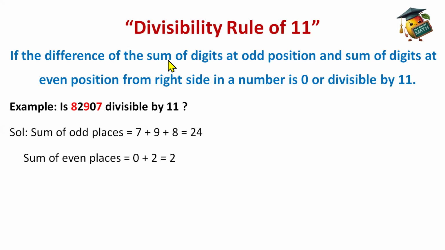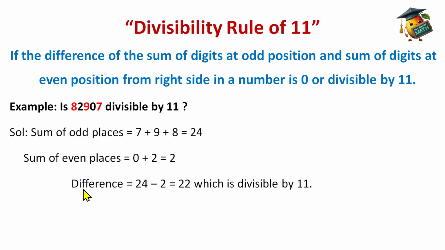Now next step, after finding the sum of digits at odd positions and the sum of digits at even positions, find the difference between them. Now the difference is 24 minus 2, which is 22. 22 comes in the table of 11. It is divisible by 11. Therefore, the given number is divisible by 11. So it's easy.